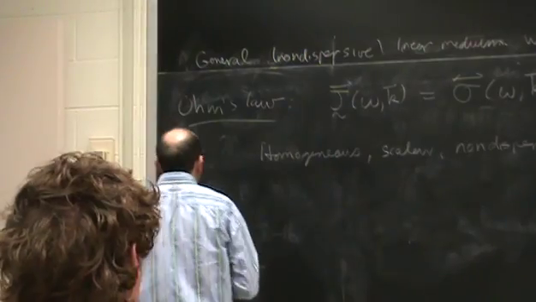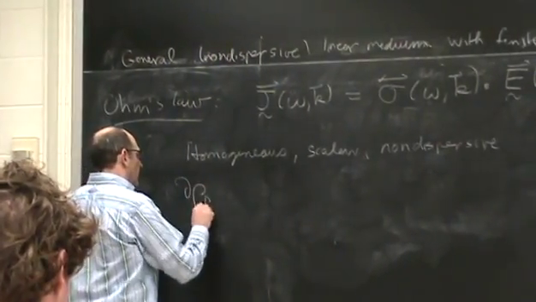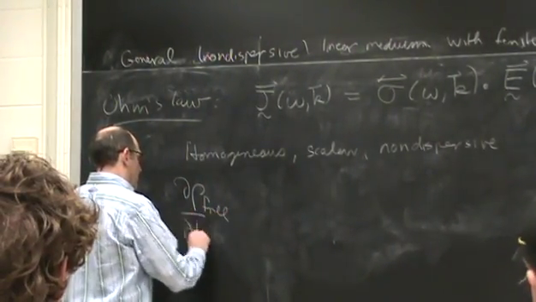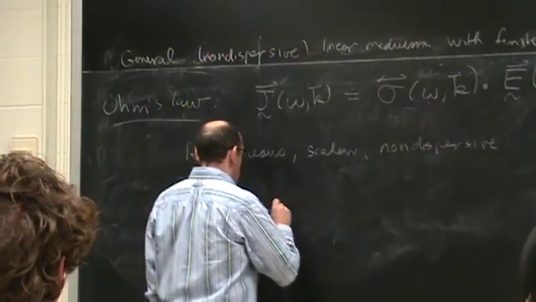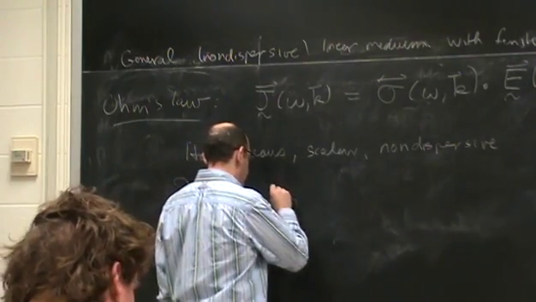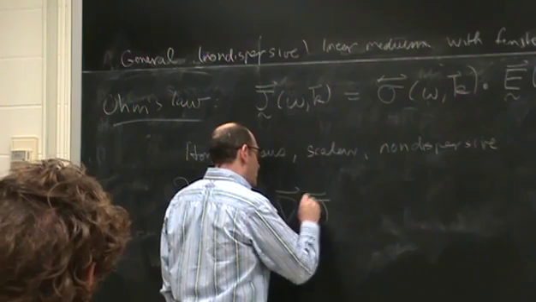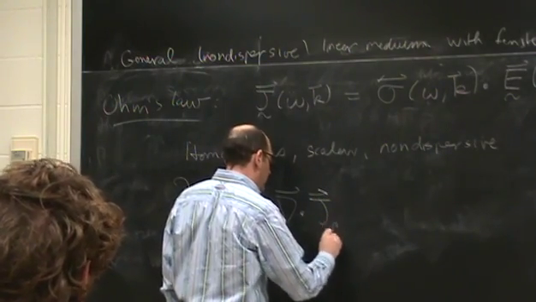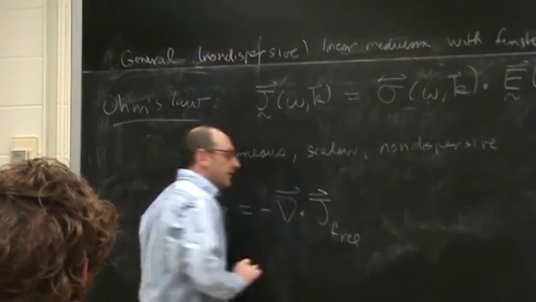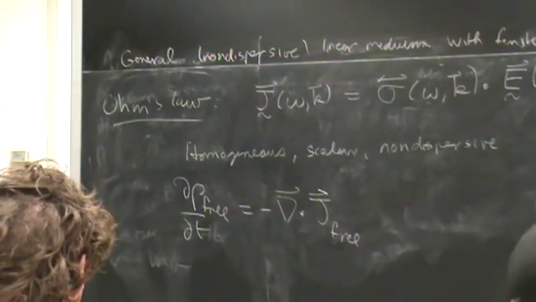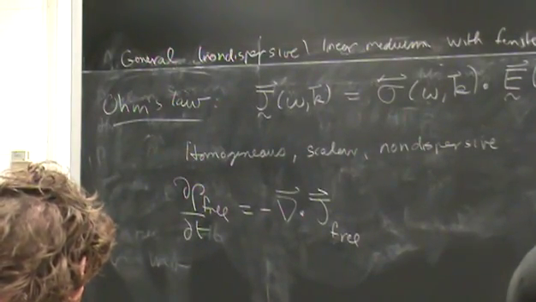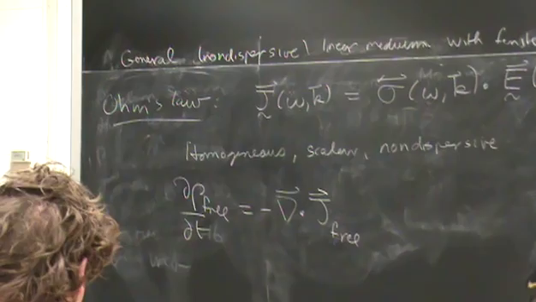But we know from conservation of charge that the change in the free charge depends on minus the divergence of the free current density.